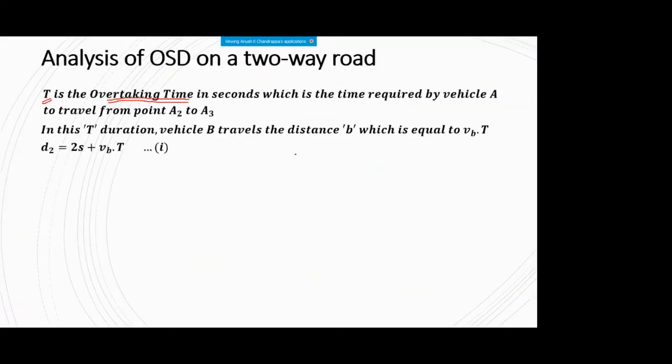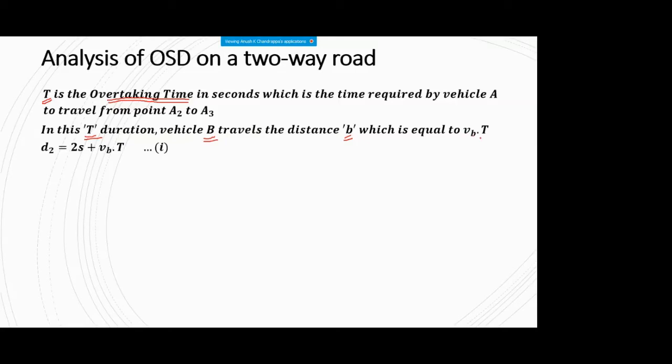So in the duration capital T, vehicle B travels a distance of small b. If you have to find that distance small b, it is equal to VB into T. VB is again the speed of the slow moving vehicle.